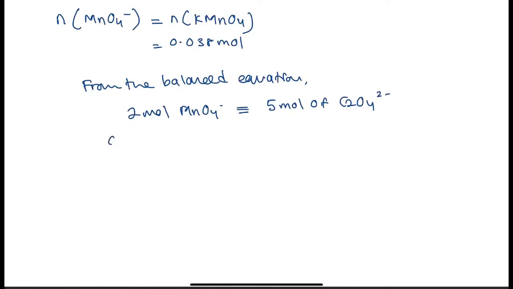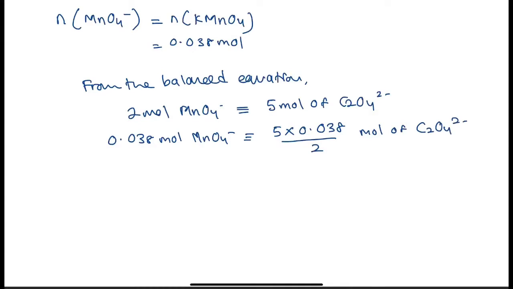Thus, 0.038 mole of MnO4- would react with 5 times 0.038 divided by 2 mole of C2O4 2-, and this answer would be 0.095 moles.